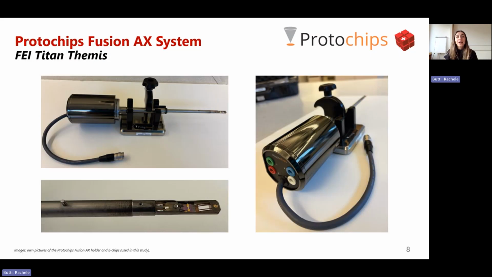Whereas here we have the Titan Themis holder, which basically follows the same principle. And also here we can see the mounted chip on top of it with the contacting heating electrodes.